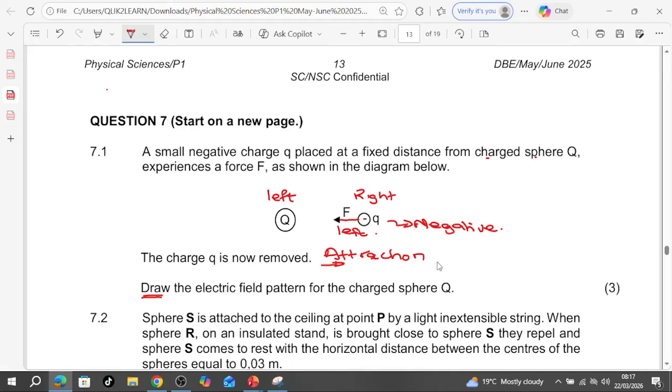So remember, since this is the force of attraction, we know that attraction happens between opposite charges.